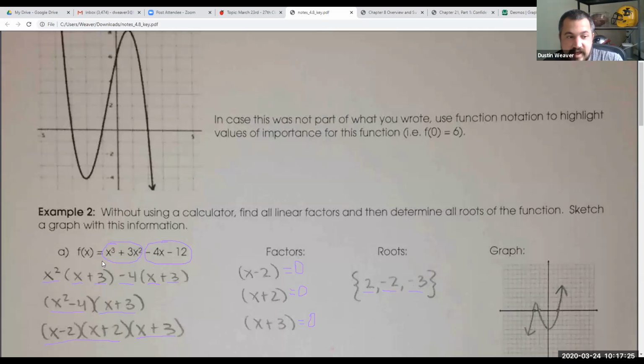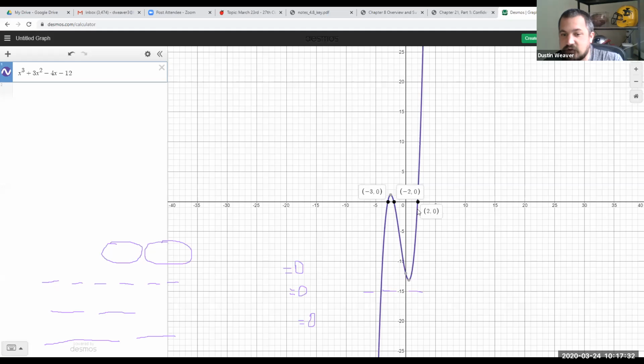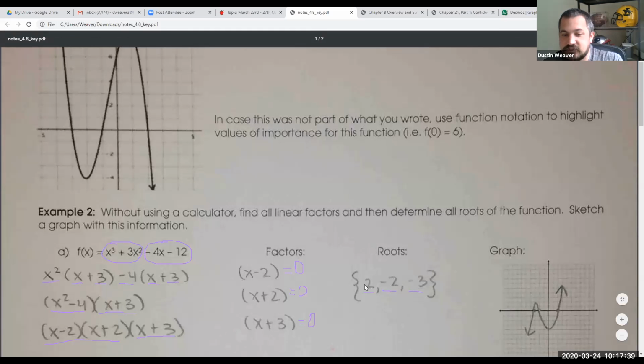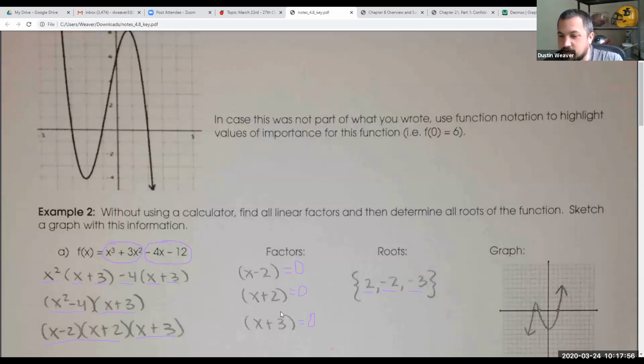I could have just typed this equation into Desmos, got the graph, and found these are the 3 roots, so almost working backwards: negative 3, negative 2, and 2. If I know the root is 2, the factor is the opposite, x minus 2. If I know the root is negative 2, the factor is x plus 2. If I know the root is negative 3, the factor is x plus 3. So you see how I could have done this backwards.